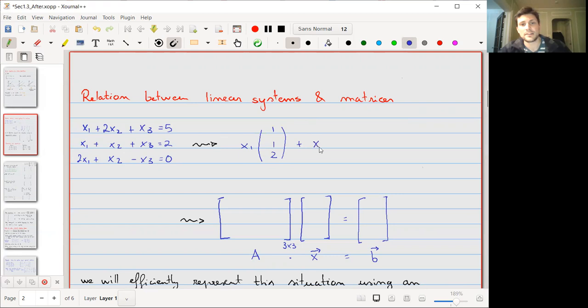And then I'll write the same thing for x2. The coefficients are 2 in the first row, 1 and 1 in the second and third. And then I'll write x3 times a vector of its coefficients, which are 1, 1, and minus 1. All of this is equal to the vector containing the constant terms.